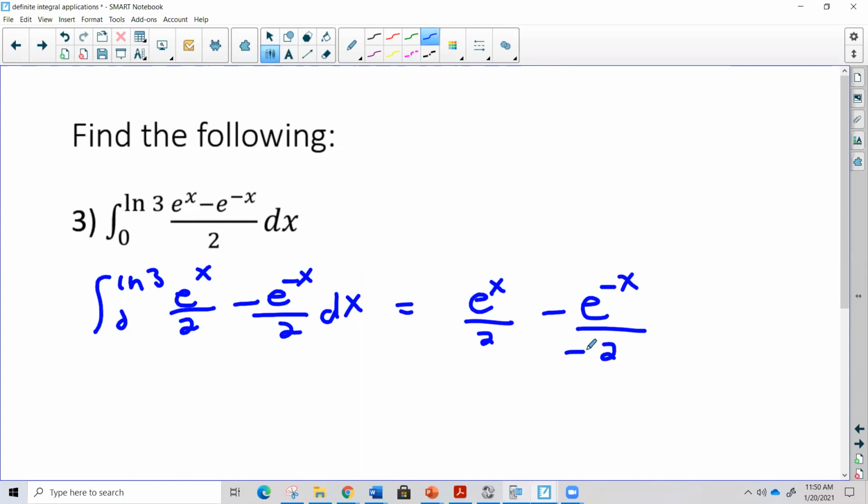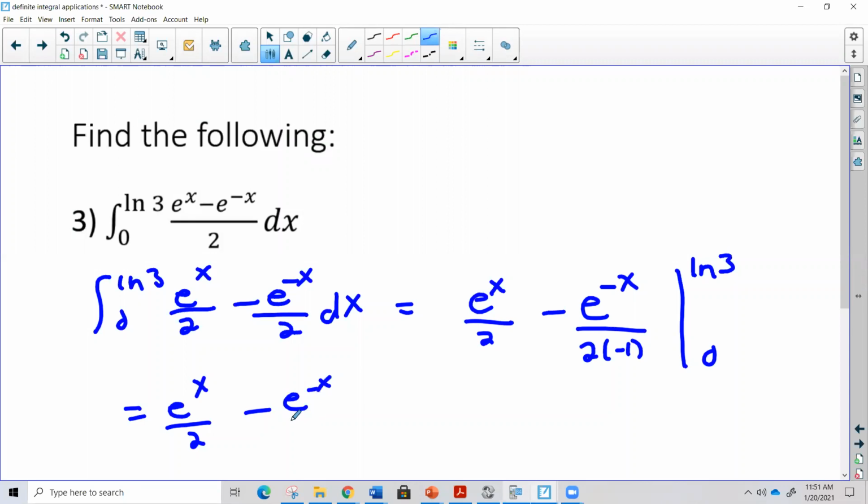So I would need to also divide by -1. So what this gives me is minus e to the negative x over -2.